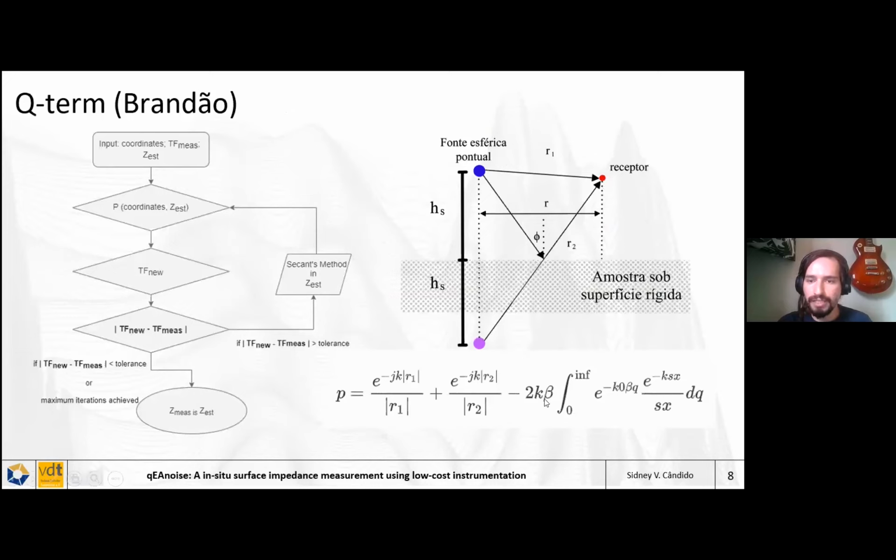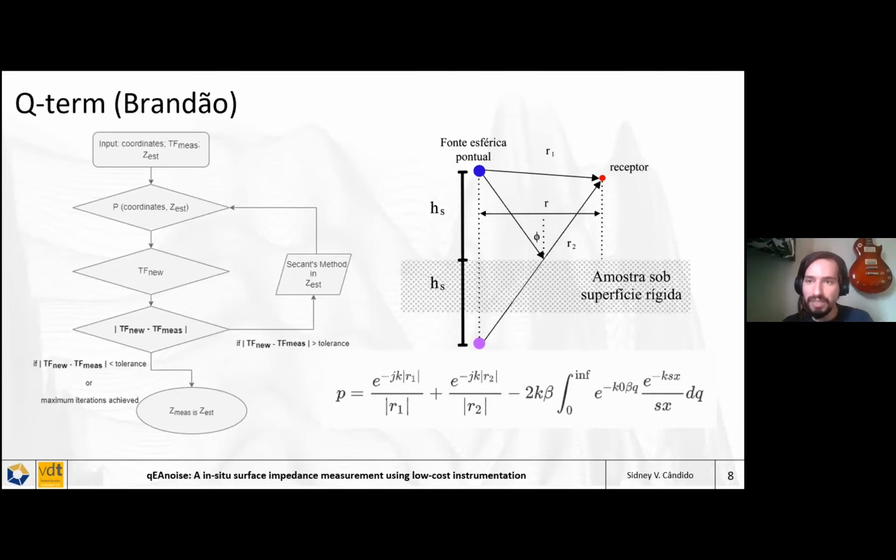So right here is where we can see the surface impedance. He uses this function in an iterative algorithm that creates a new field, generated by one monopole. With this new field, he takes a new measurement, a new transfer function. He compares the measured transfer function with this new simulated transfer function.